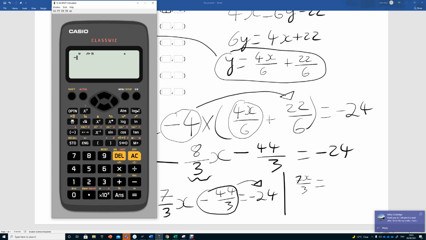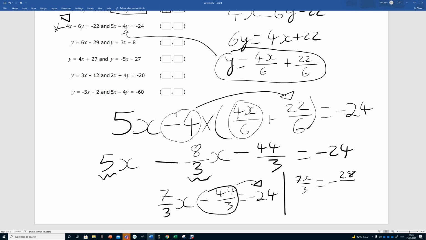So let's just put that in. That's minus 28/3. And finally, this gives you x is minus 4.